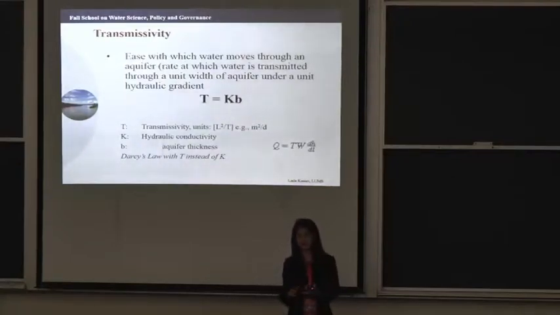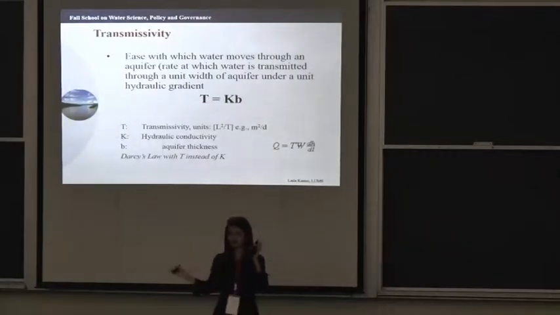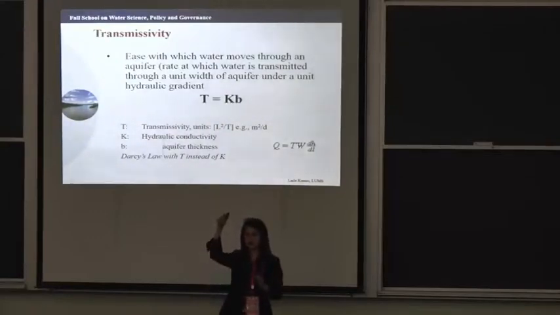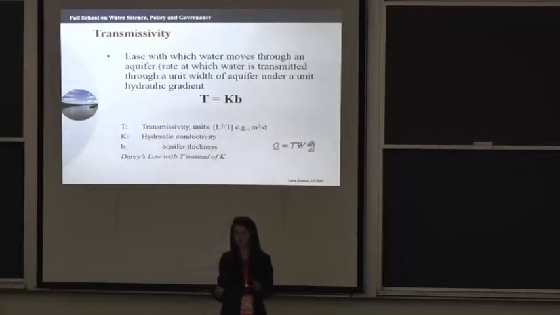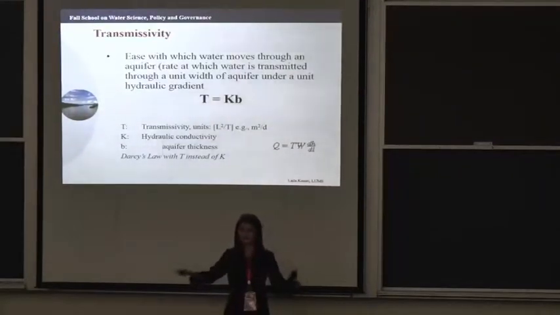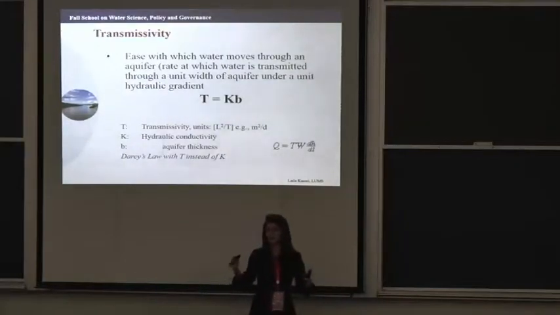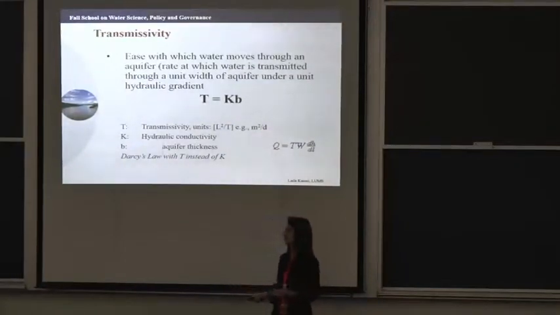There are two types of hydraulic conductivity: a vertical one and a horizontal one, right? Vertical conductivity would be how quickly the water can flow in a vertical fashion through the soil. And then the horizontal one is how it can flow horizontally. There won't be a gravity component to it.